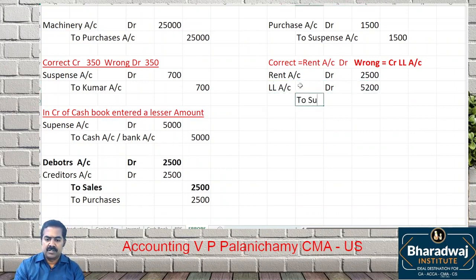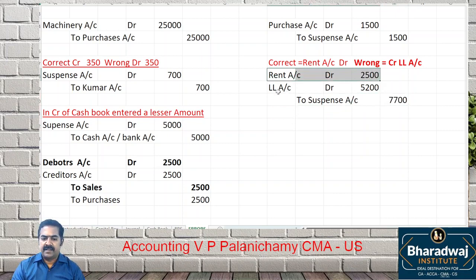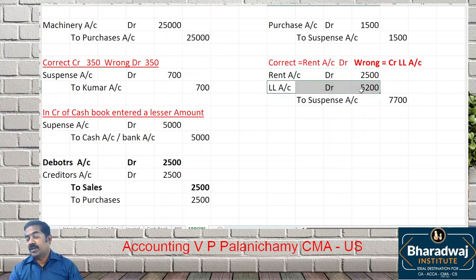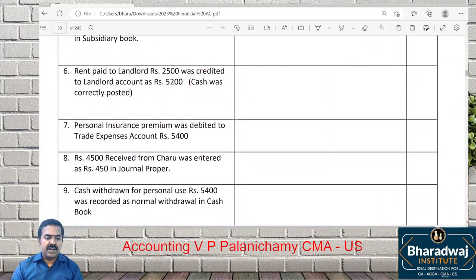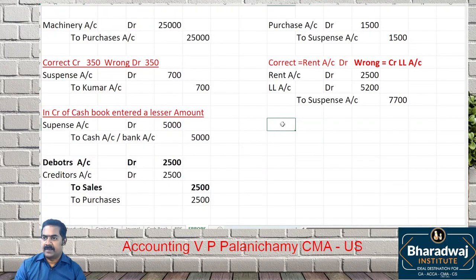To which account? Suspense. Simple. Debit what has to be debited? Debit what was wrongly credited. We wrongly credited landlord account. Remove that by debiting to which account? Suspense account.